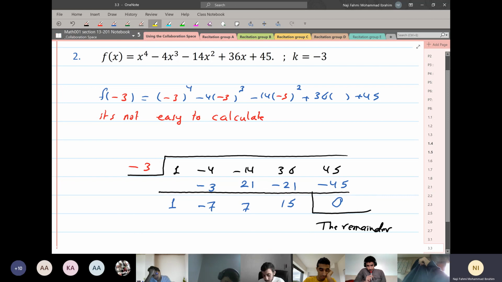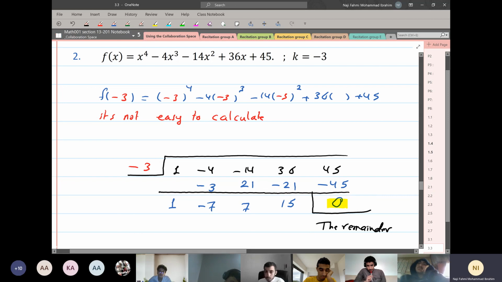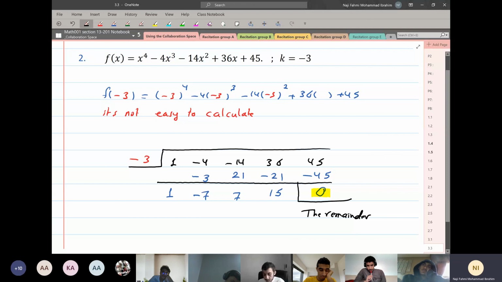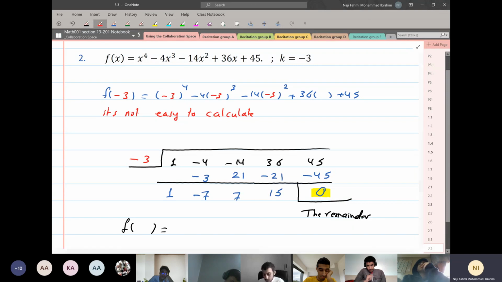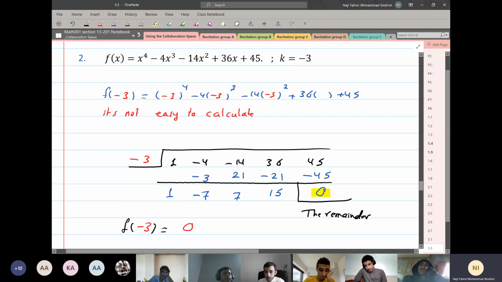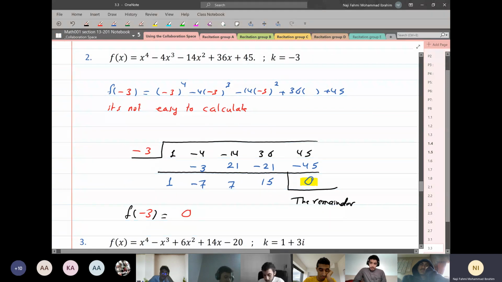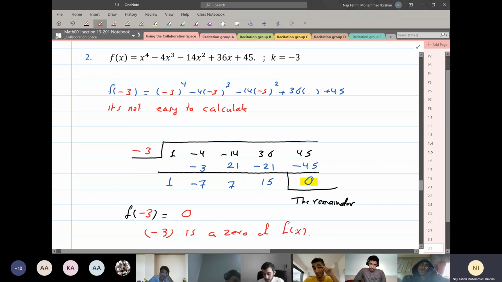So since this is 0 now, we will say what? f of negative 3 is equal to what now? Is equal to 0. And since the answer is 0, we say that negative 3 is a 0 of f of x. Thank you, Kamal.